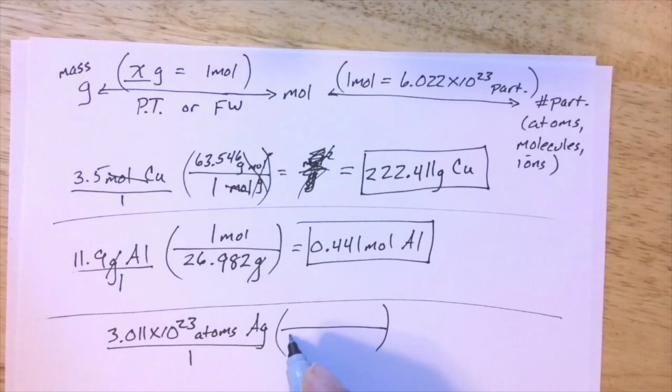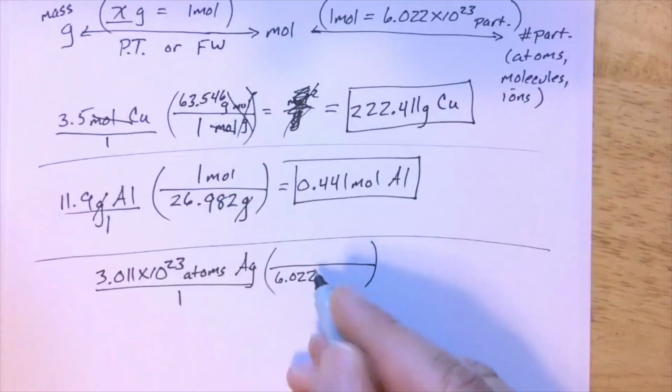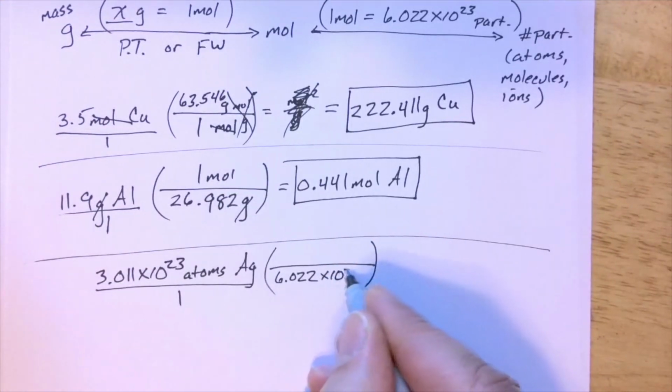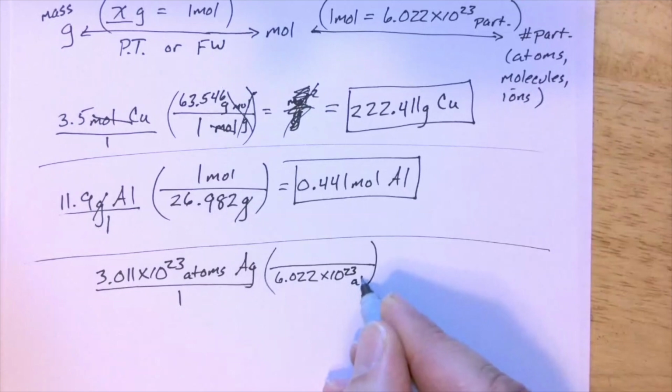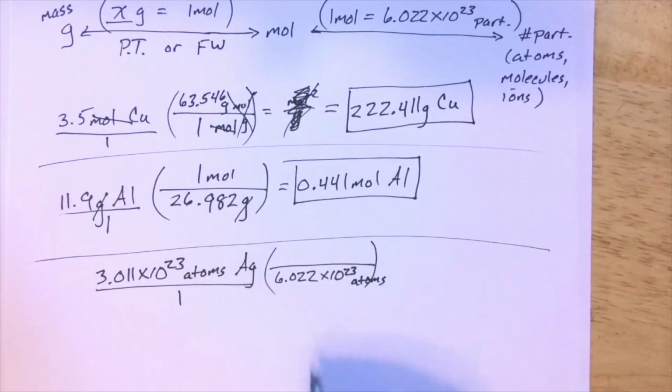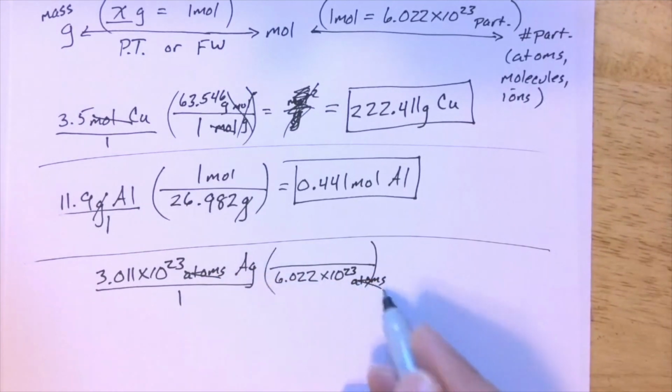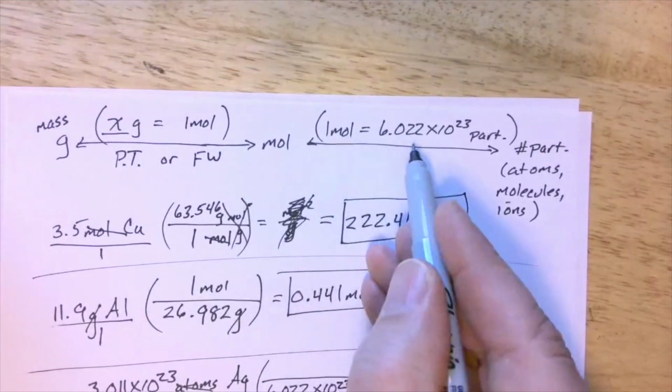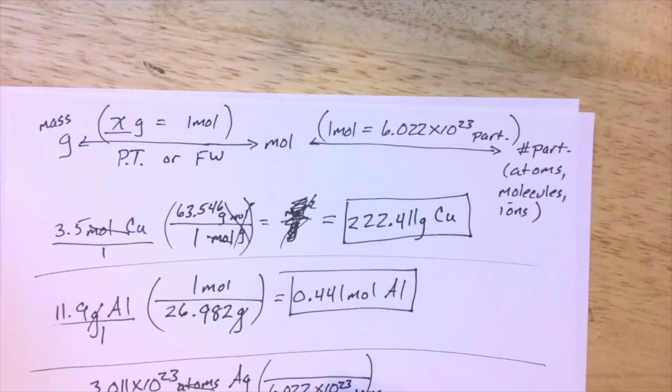So I'm going to put 6.022 times 10 to the 23rd atoms on the bottom. This way atoms will cancel out. And the unit we have on top is equal to 1 mole. So 1 mole is equal to 6.022 times 10 to the 23rd. So atoms are canceled, and we'll be left with the unit moles.